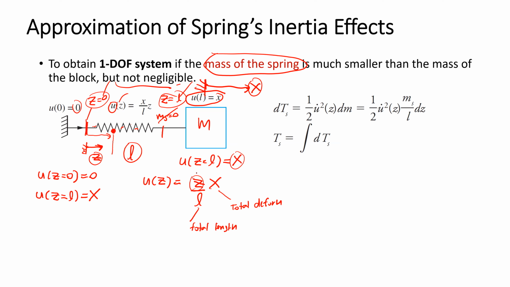It means that if the z position is far to the right-hand side, it's going to have big deformation, almost equal to x. If z is completely equal to L, the deformation is going to be the full deformation x.